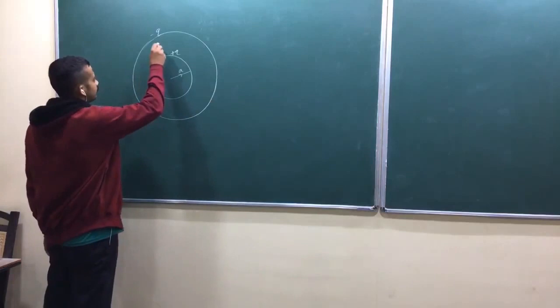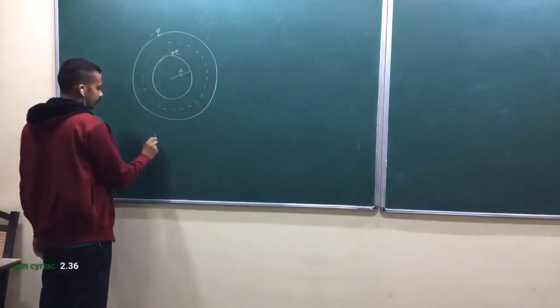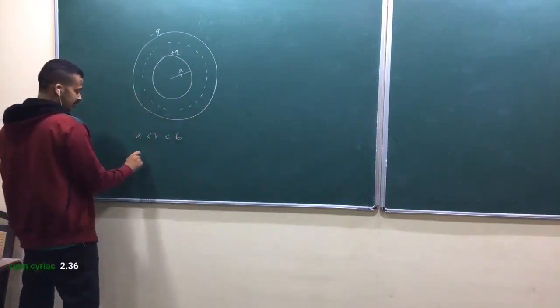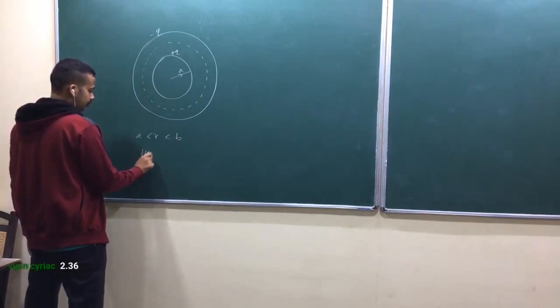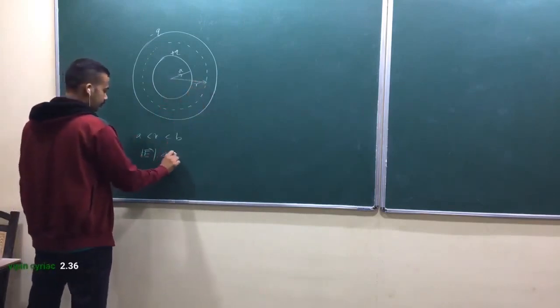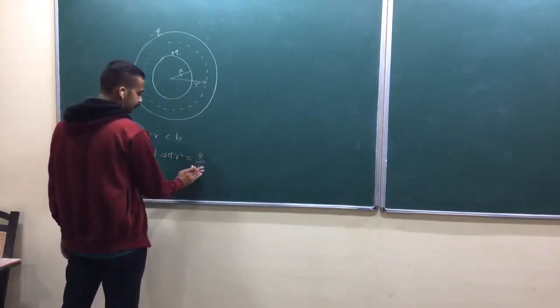And obviously, if you take Gauss law with a Gaussian surface where R is between A and B, with radius R, Gauss law says mod E into 4 pi R square is equal to Q enclosed, which is Q by epsilon naught.